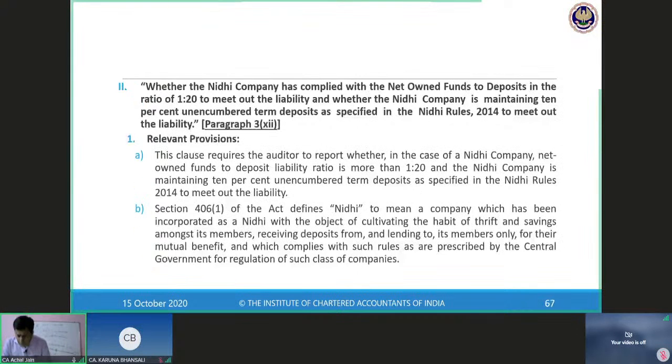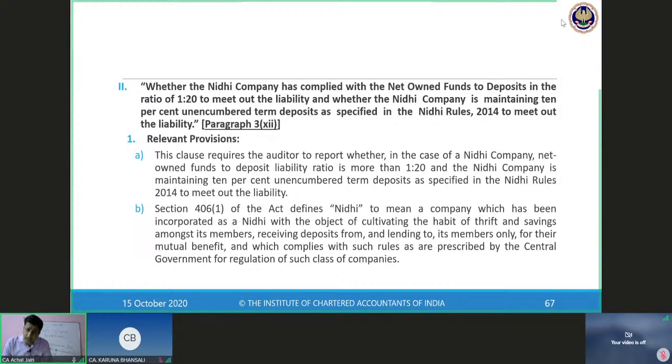Next procedure is around this clause of CARO, which says whether the Nidhi company, you remember Nidhi company, it was also a category of NBFC, has complied with the net earned funds to deposits in the ratio of 1:20.